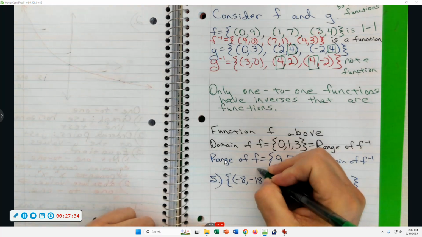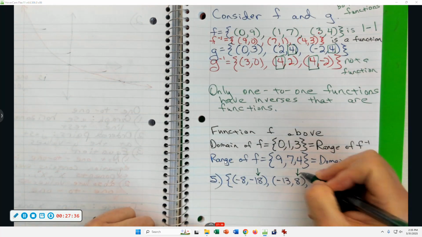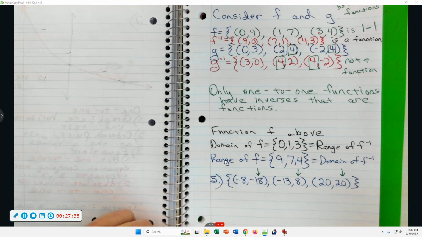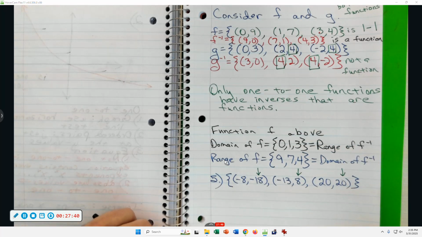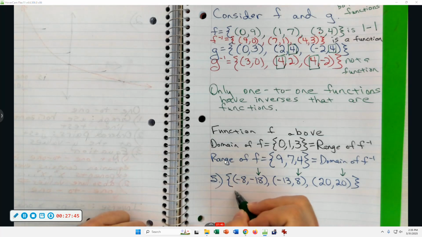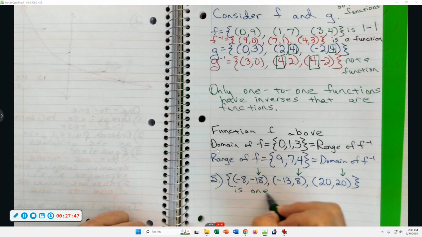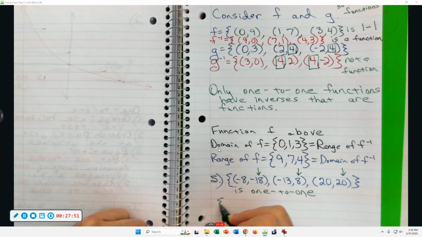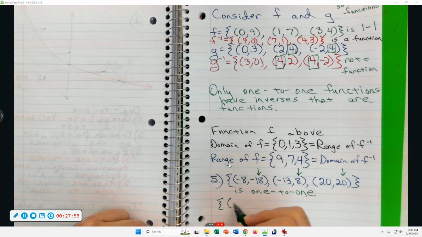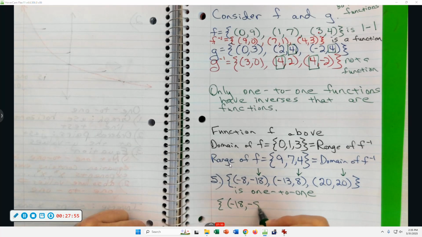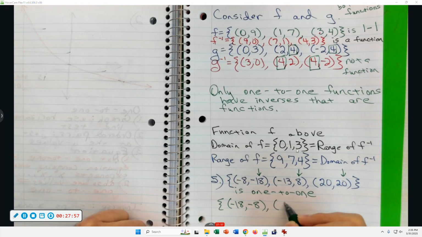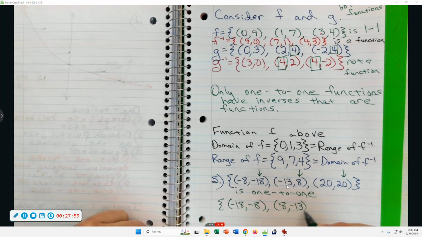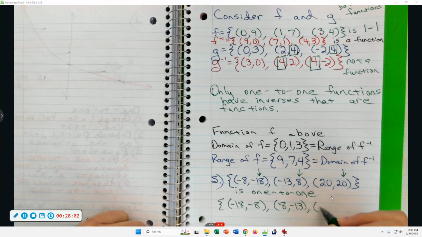The y values. Negative 18, 8, and 20. Is there any repetition? Any repeated y values? No, so this is one-to-one. So we have to find the inverse. We just flip the ordered pairs: negative 18, comma, negative 8, 8, comma, negative 13, and 2020 just stays 2020.